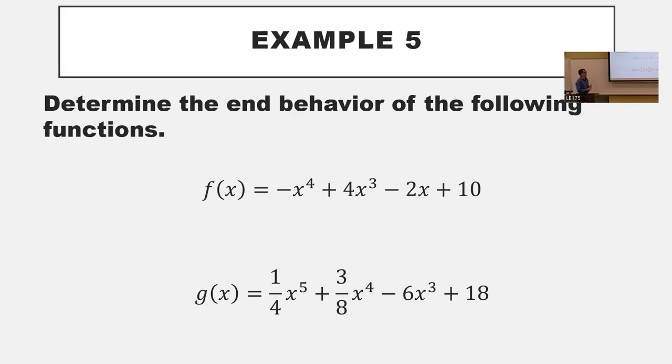And since that's a negative x to an even power, we know it's going to be pointing down on both sides. The same thing is true for this g of x. Its end behavior is determined by 1/4 x to the fifth.